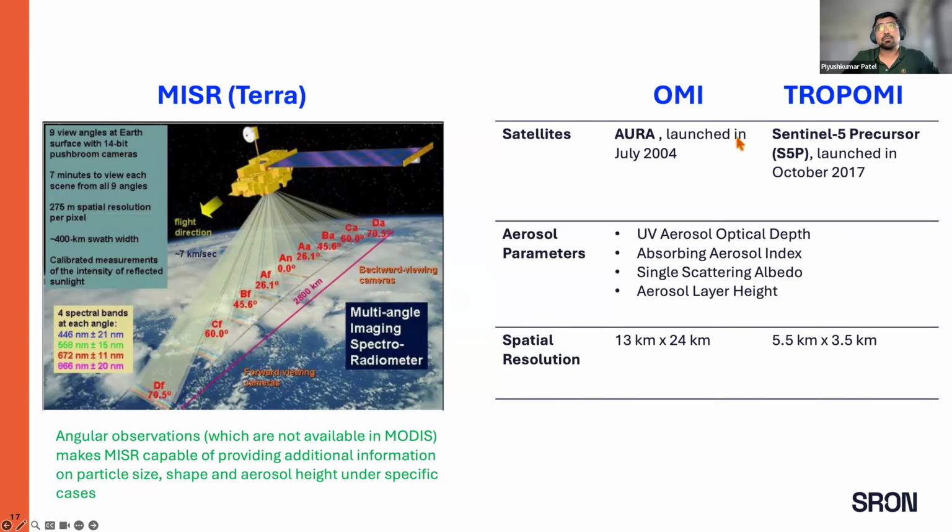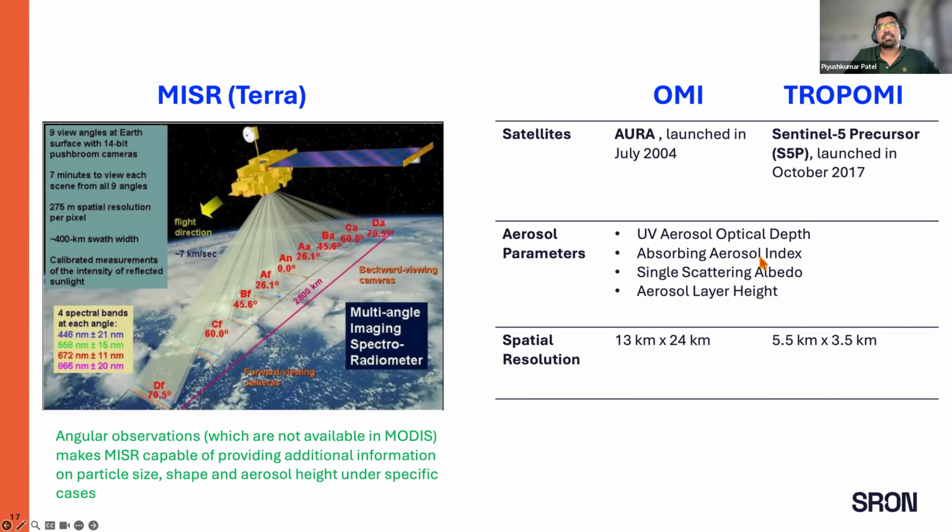Then there are another two instruments, OMI, the Ozone Monitoring Instrument, and TROPOMI. OMI was launched in 2004 on the Aura satellite. TROPOMI was launched more recently, in 2017, on Sentinel-5P. The advantage of OMI and TROPOMI is that they have a UV channel, around 300 to 400 nanometer, which gives you the UV aerosol optical depth, highly sensitive to anthropogenic aerosol or smaller, fine mode particles.